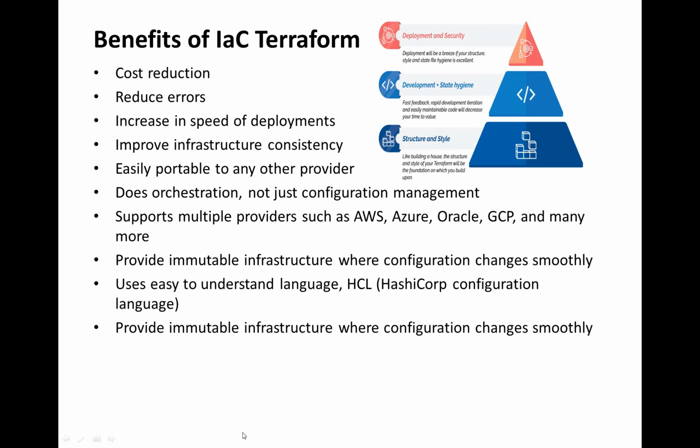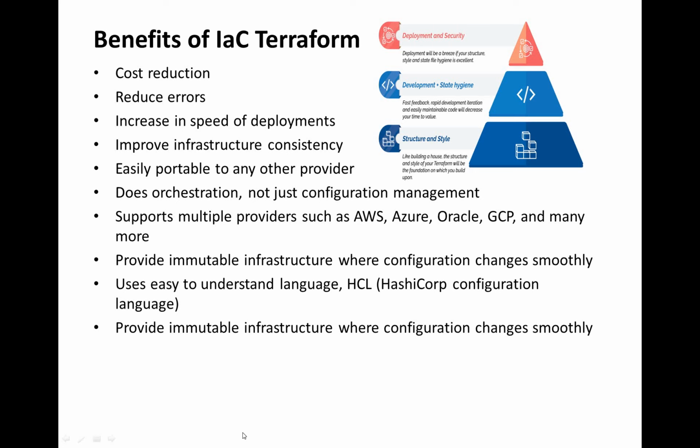The pipeline will do the deployment and run the Terraform script for one environment or for a multi-stage environment. So it surely improves the deployment speed. Very easily we can deploy the resources via pipelines.